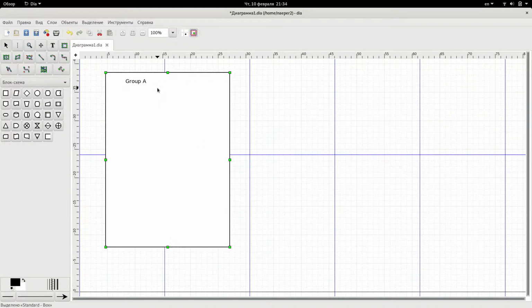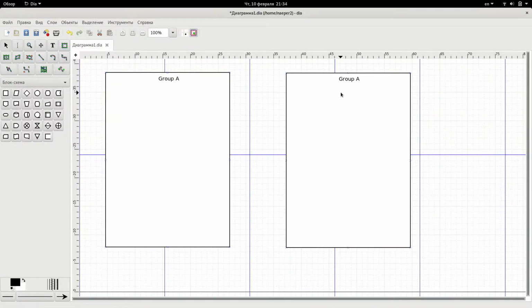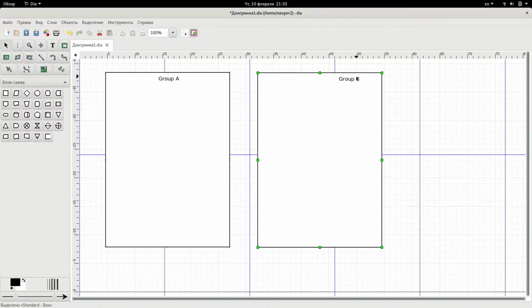I will try to make it more dynamic. Okay, and let's duplicate. Yes, I was working with this application, so it's really good. Group A, group B, and it could be other groups.